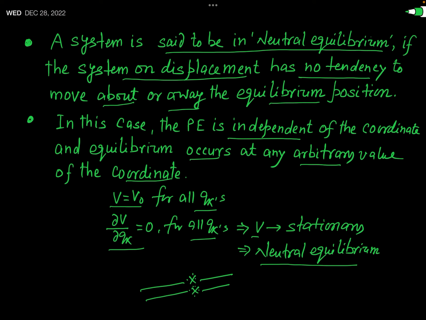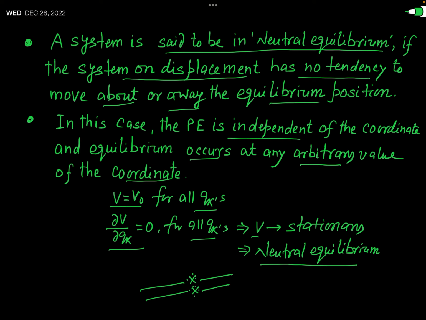Okay. So these three types of equilibrium, I hope you have understood. But what do you think, when you talk about the oscillation or vibration of a system about an equilibrium position, about which equilibrium position will vibration take place? Can you say? Definitely, you have seen that in case of a stable equilibrium, the particle performs a bounded motion about the equilibrium position.